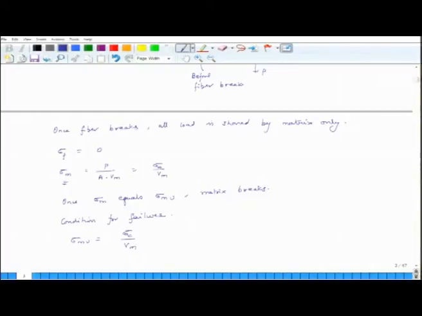At that point, that is what I call sigma Cu, the ultimate strength of the composite. So, I can write sigma Cu equals Vm times sigma mu, and I know that Vm is 1 minus Vf.